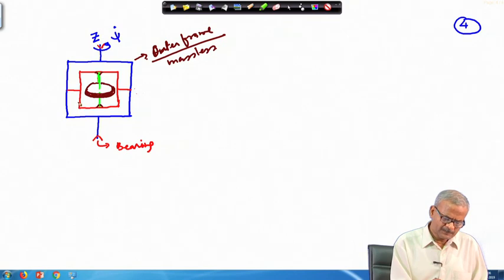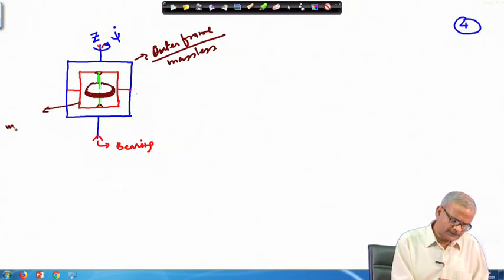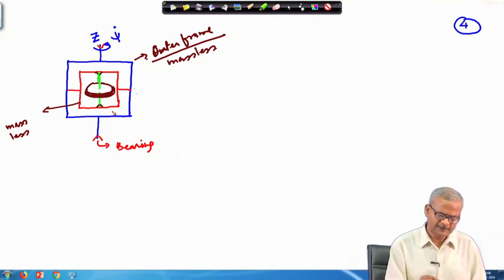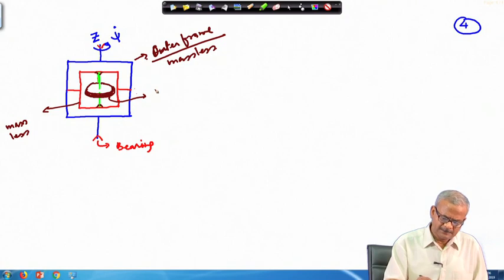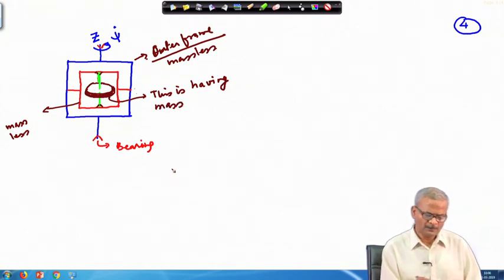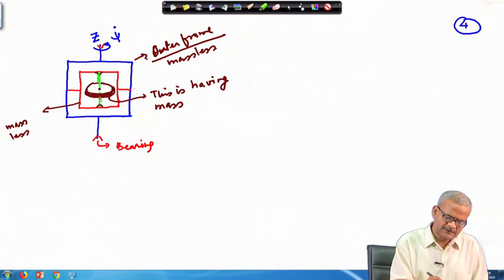Similarly, this hoop also we assume to be massless, and therefore the associated moment of inertia will not be present. This is having mass, and it is rotating about this axis. Okay.